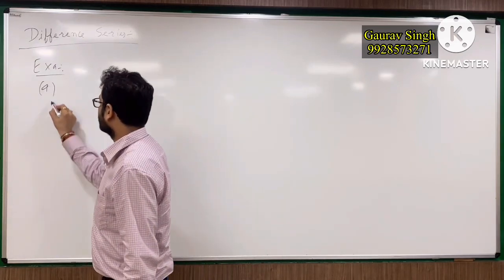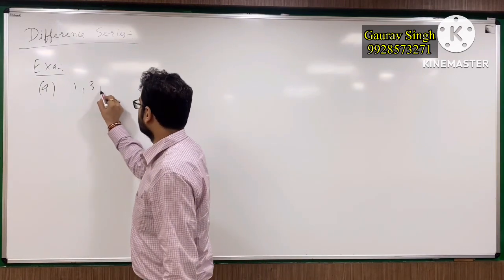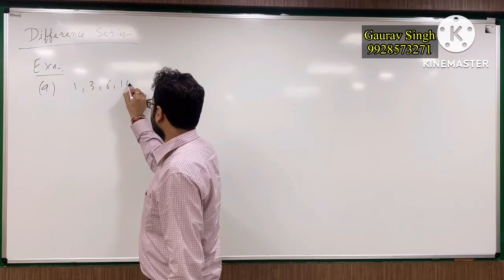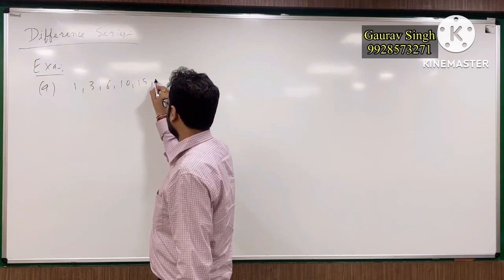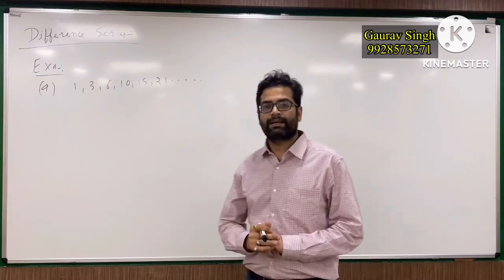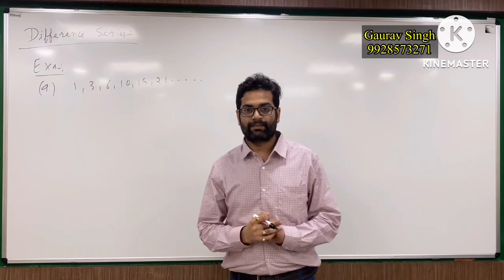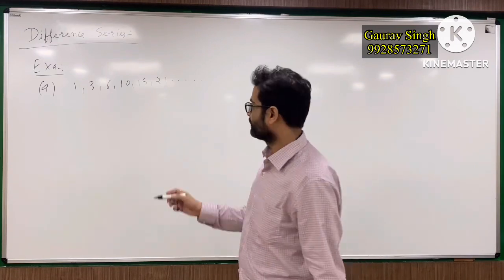The numbers 1, 3, 6, 10, 15, 21 are in a difference series. How do we get this?